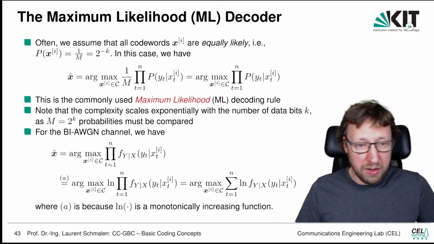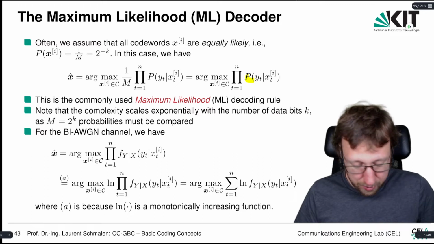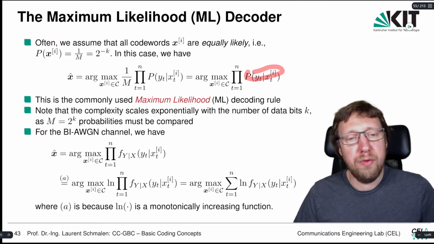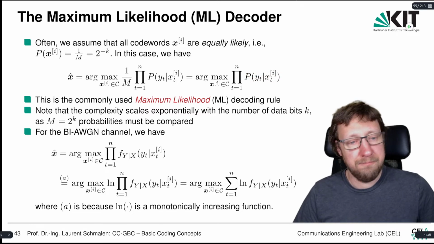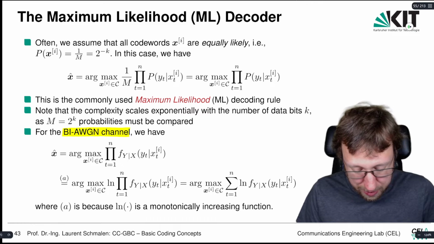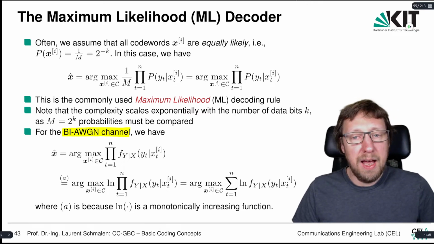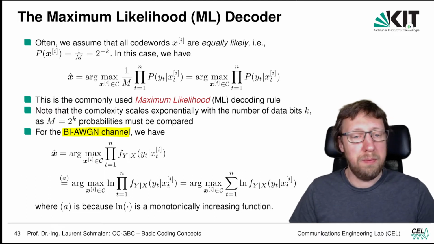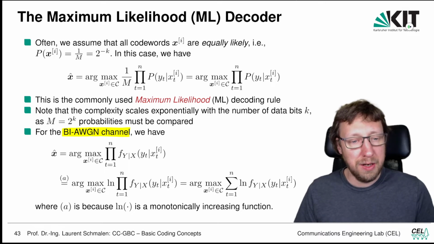So now we want to simplify this term, and therefore we're looking at a few special channels. So we start to look at the binary input AWGN channel, and p of yt given xt is replaced by the conditional channel probability density function.